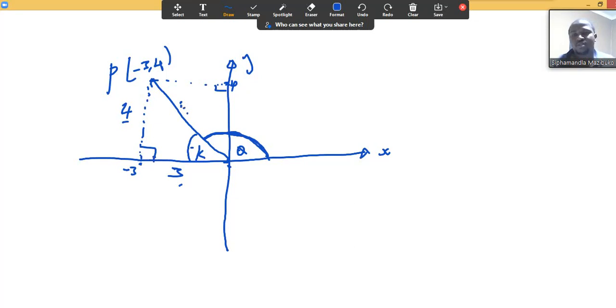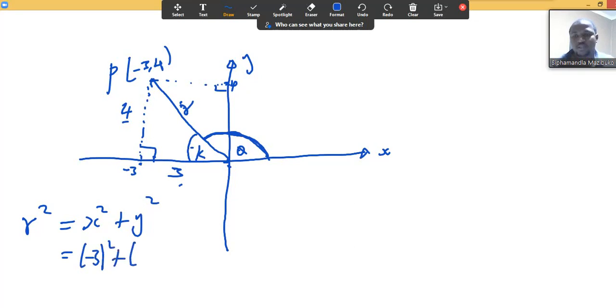We normally use this formula: r squared is equal to x squared plus y squared. Clearly you can see we name this side r. We know our x is -3, so we have (-3) squared plus our y, which is 4 squared.